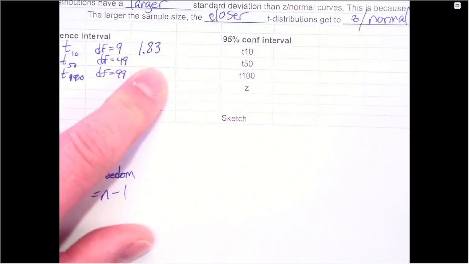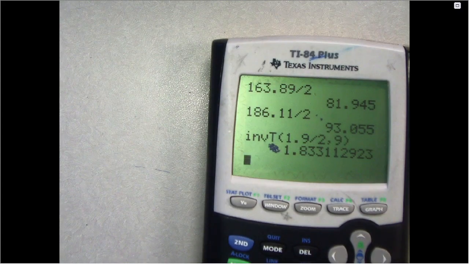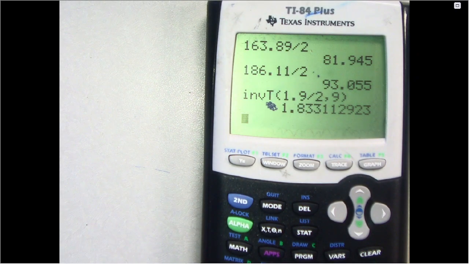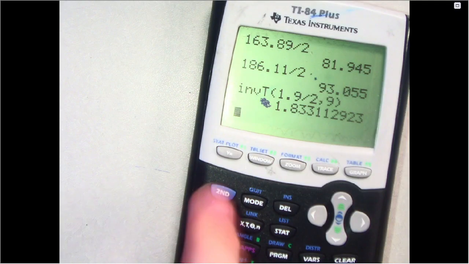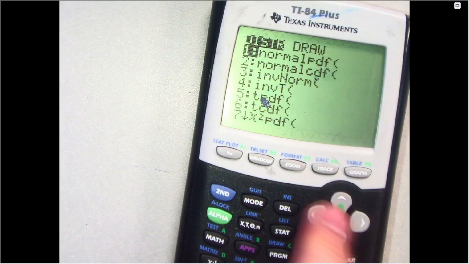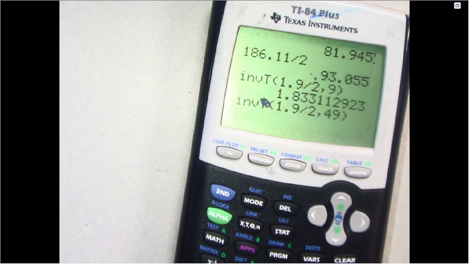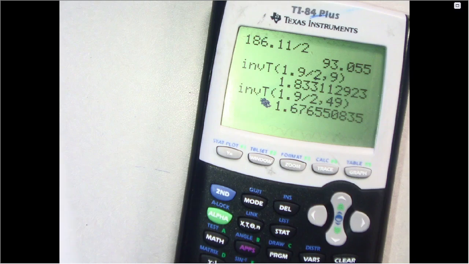So go put that in your chart, and we're just gonna watch what happens as the sample size gets bigger. So do it again, but now your sample size is 50. I get 1.67, I guess 1.68.